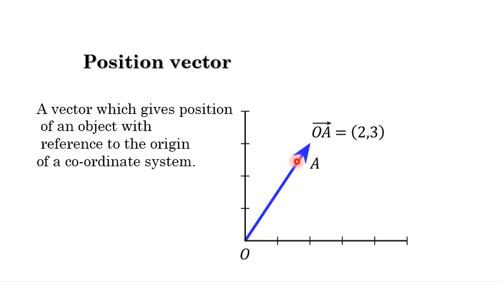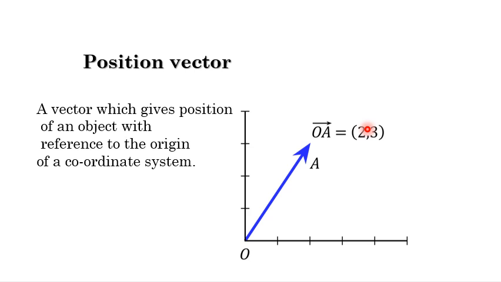Now in this coordinate system, let us say you have a point A. This A's position is 2, 3. That means 2 along the x-axis and 3 along the y-axis. So the position of A is 2, 3.